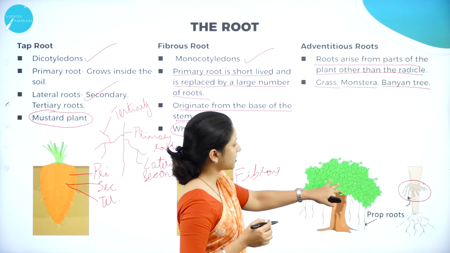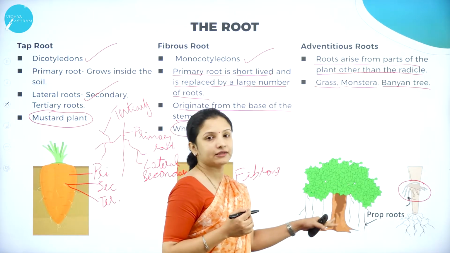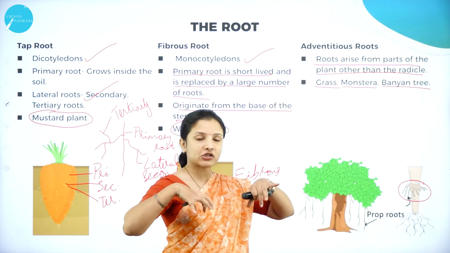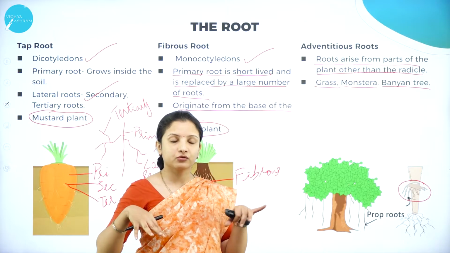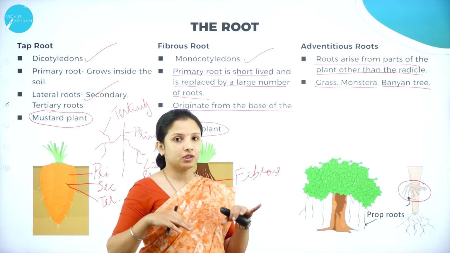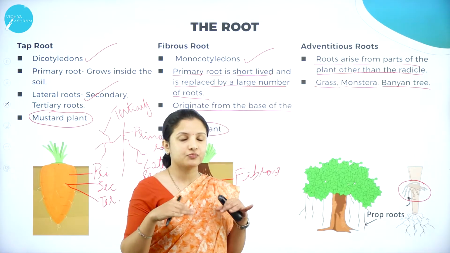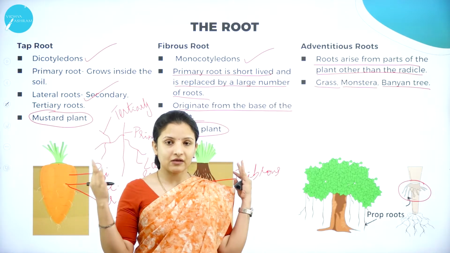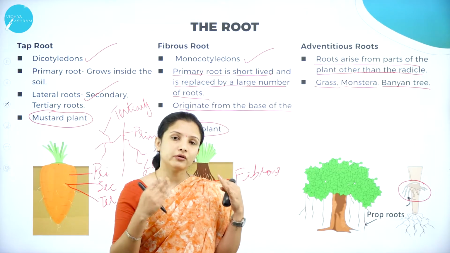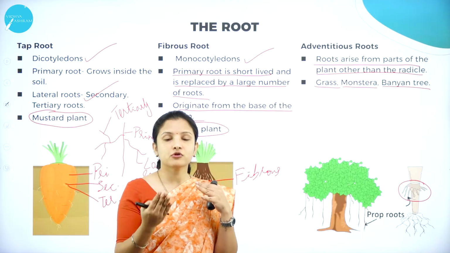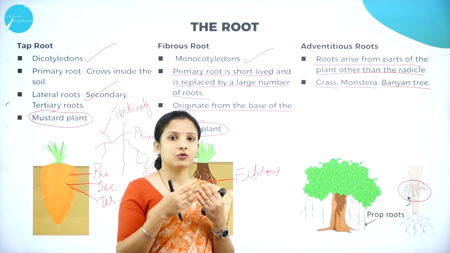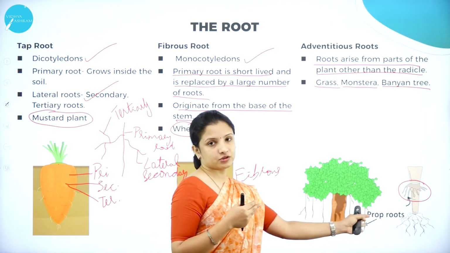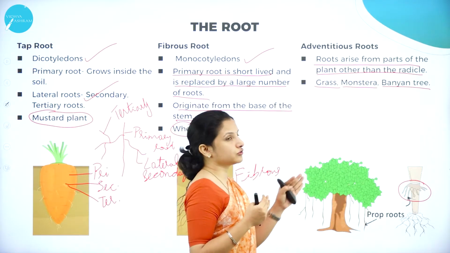Similarly, in the banyan tree, you can see the roots arising from the branches. They provide extra support to the plant for anchorage, because banyan trees, you know, grow to a very wide area, right? In order to support the extra branches that are growing, these prop roots, or adventitious roots, will be developed.